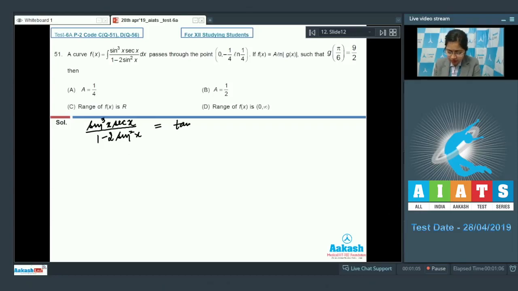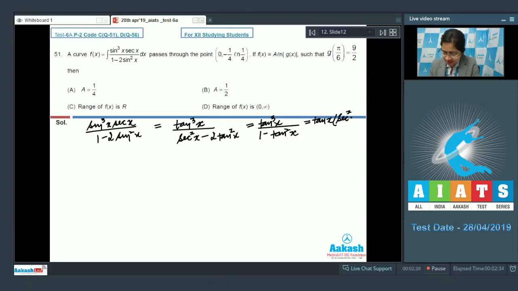It can be written equal to tan cube x upon secant square x minus 2 times tan square x. So that is equal to tan cube x upon secant square x can be written as 1 plus tan square x, that is 1 minus tan square x, right? Now this can be written equal to tan x into tan square x. Now we know that secant square x is 1 plus tan square x.